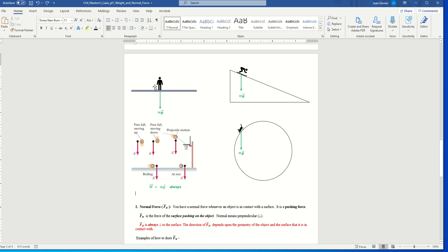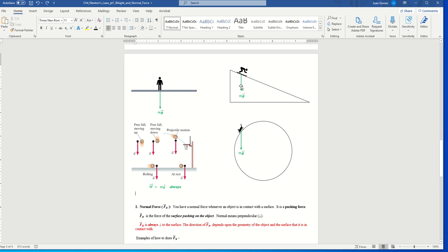Okay, what if this person, instead of being on a horizontal surface, is on a ramp or an incline? Well, it doesn't matter. A person could be skiing, could be going down a water slide, who knows? But he's on this incline. Well, for an object in the Earth's atmosphere, weight is mg. Notice, even though he's on the incline, I'm taking great care.